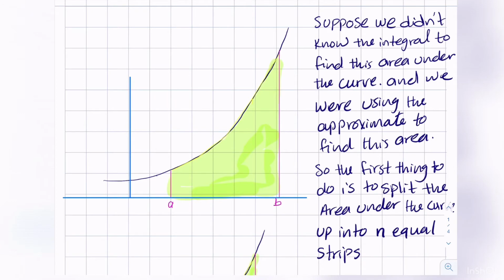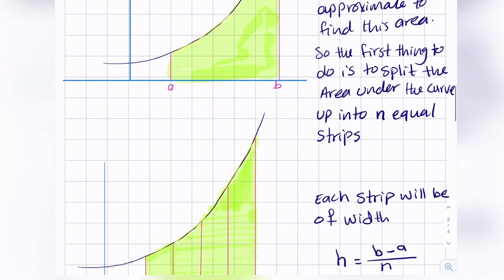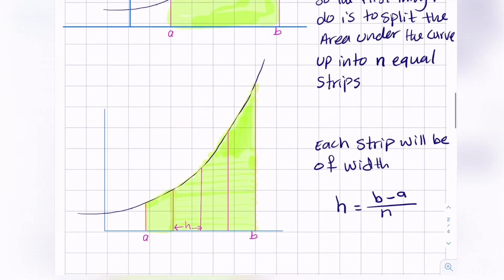So the first thing to do is to split the area under the curve into n number of equal strips.